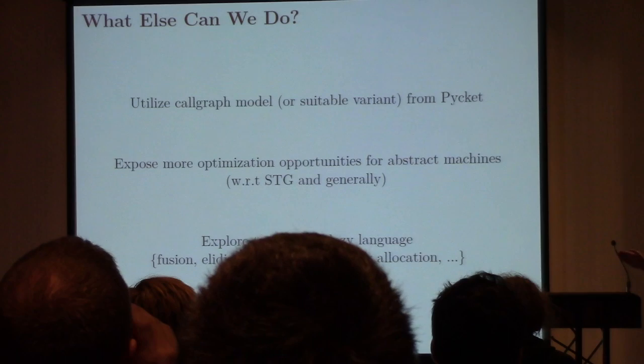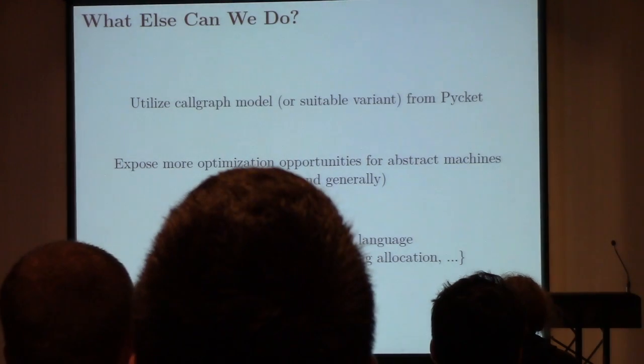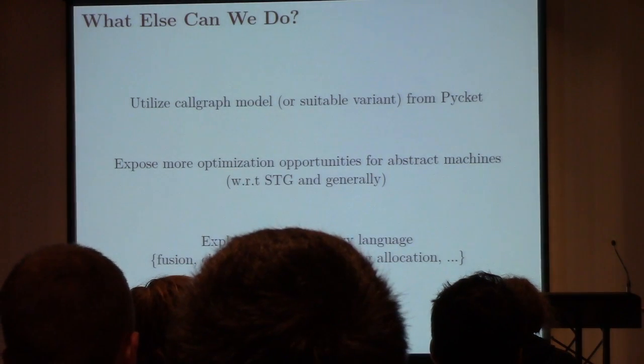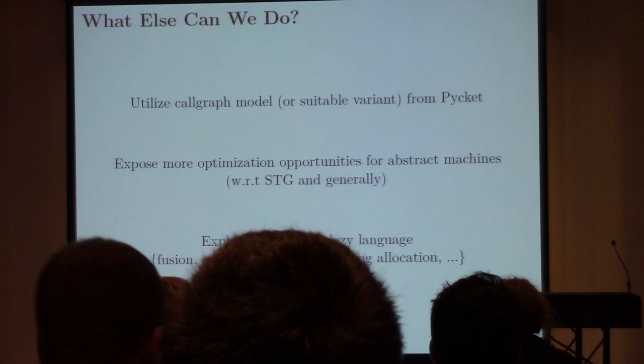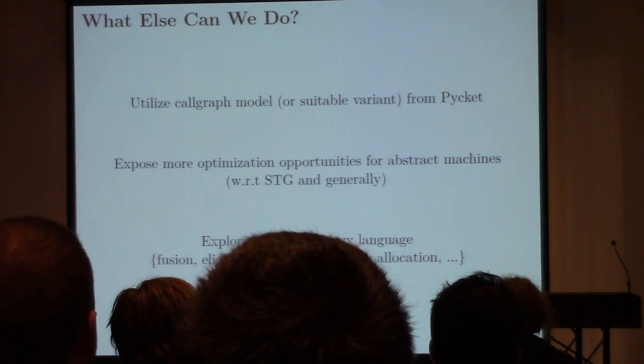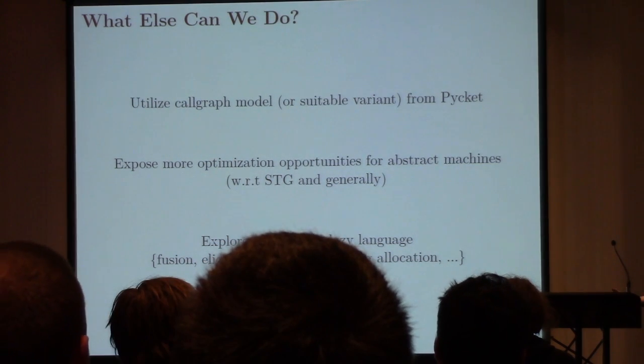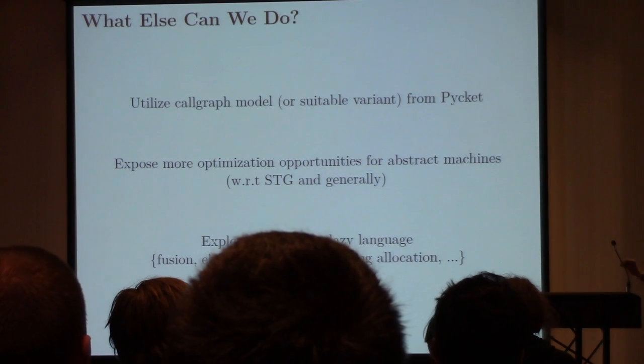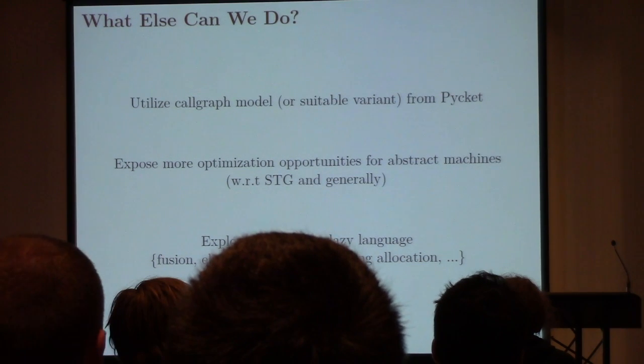There's also potential for exposing other optimizations from the abstract machine by doing some kind of runtime analysis rather than relying heavily on static optimizations, and really just exploring what trace compilation can get us that we can't get at compile time.